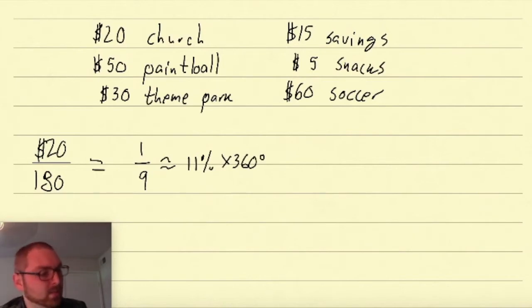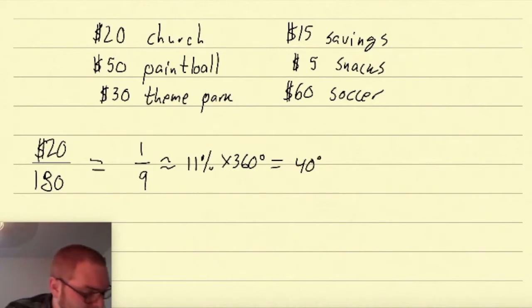And that comes out nicely. That is exactly 40 degrees. Interesting. So that's how I work through to get the angle that I'm going to need here in a moment.